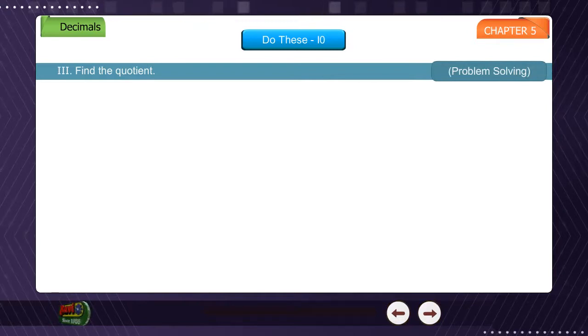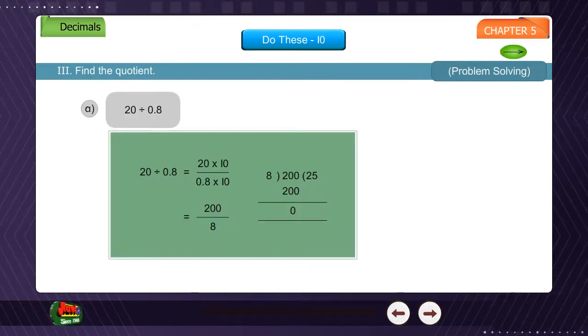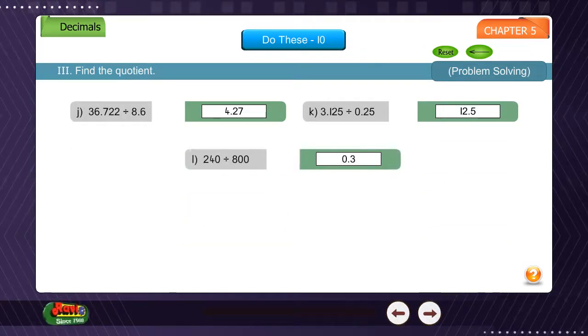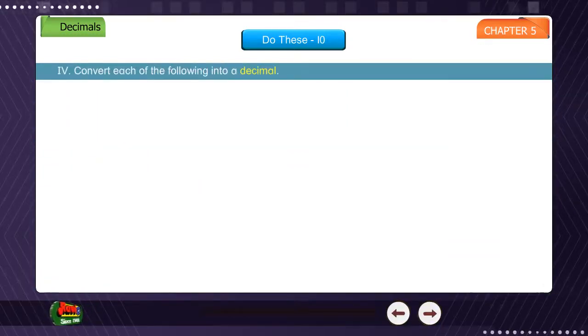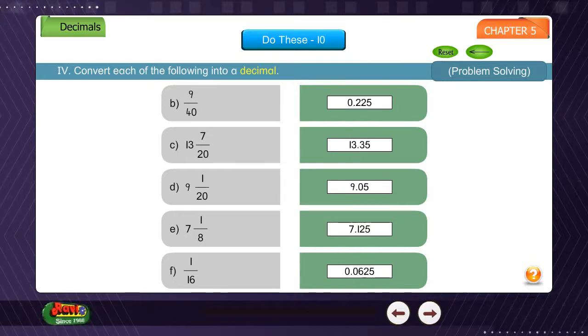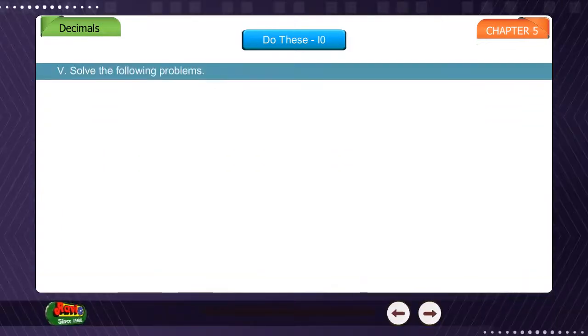Problem solving. 4. Convert each of the following into a decimal. Problem solving. 5. Solve the following problems. Problem solving.